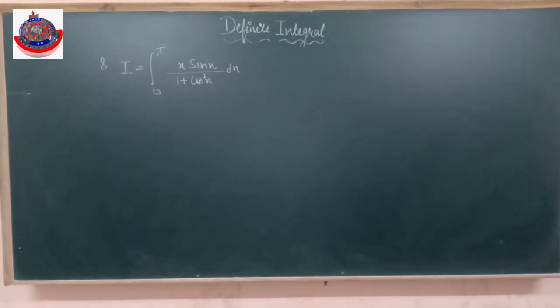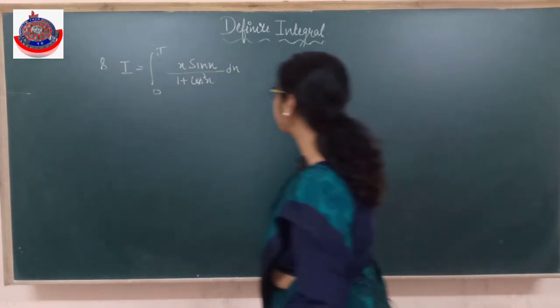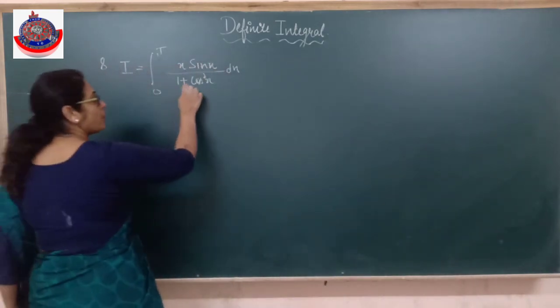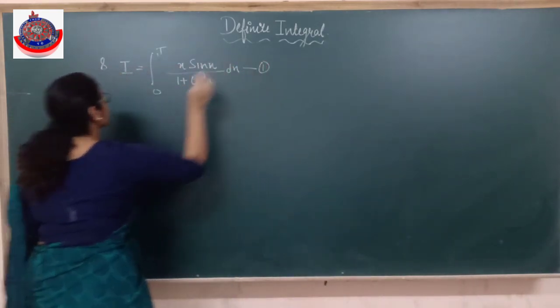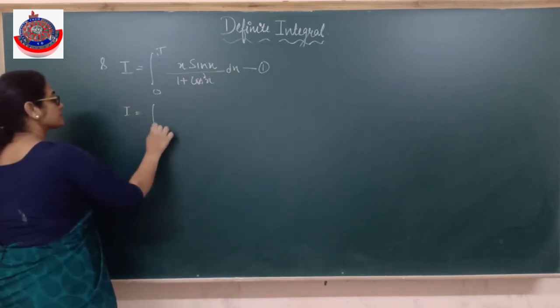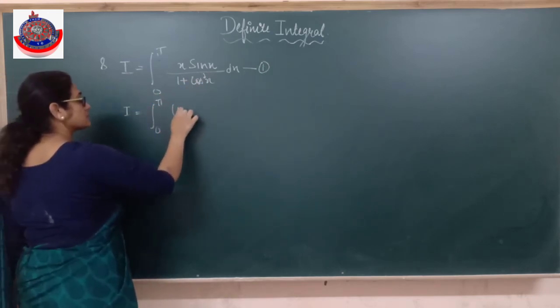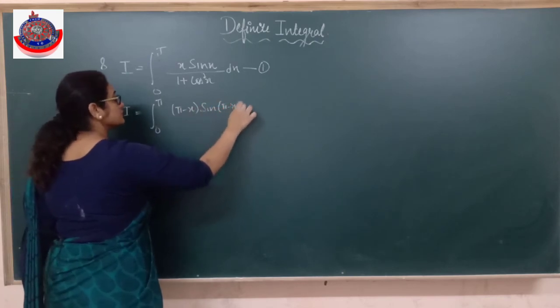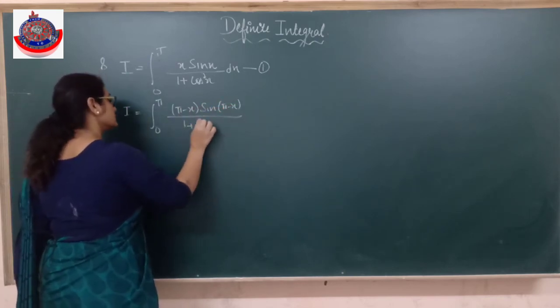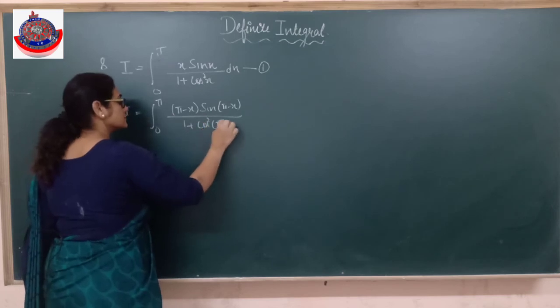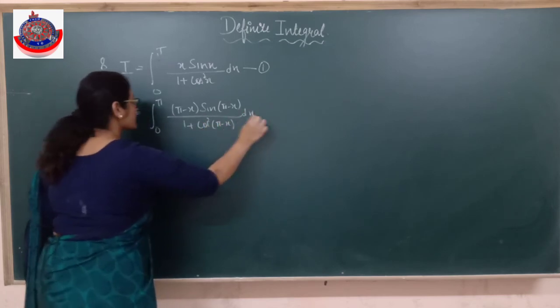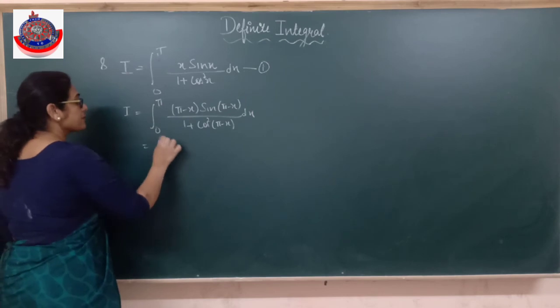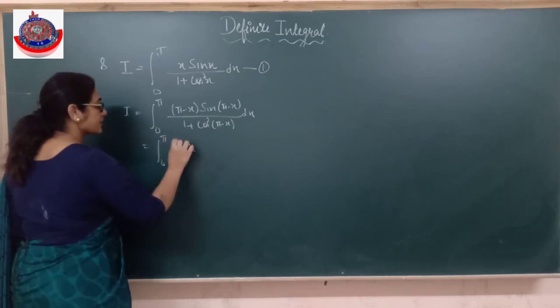I'm picking up the last question of this property. I is equal to the integral from 0 to pi of x sin x dx over 1 plus cos square x. Apply. So it will become pi minus x.